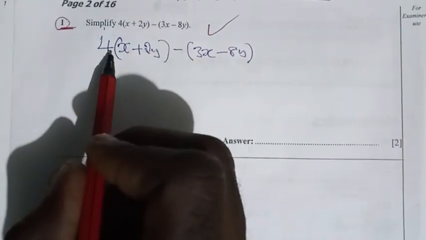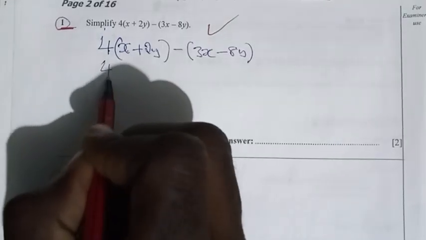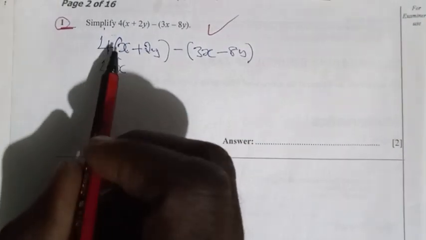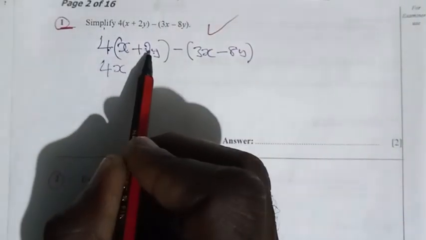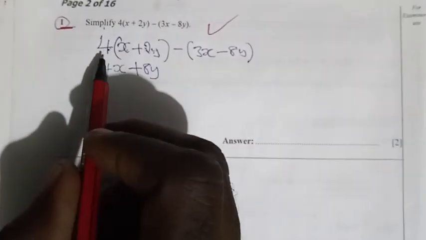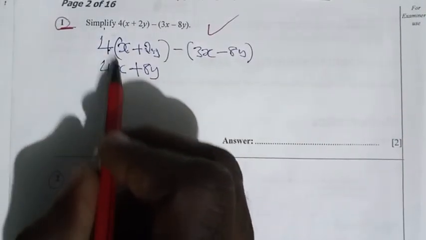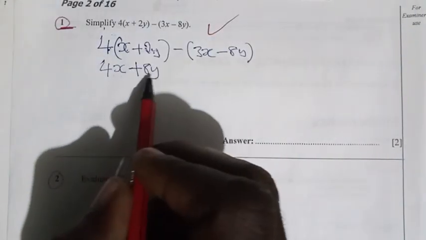So 4 times x is 4x. Again, 4 times positive 2y: 4 times 2 is 8, so positive 8y.